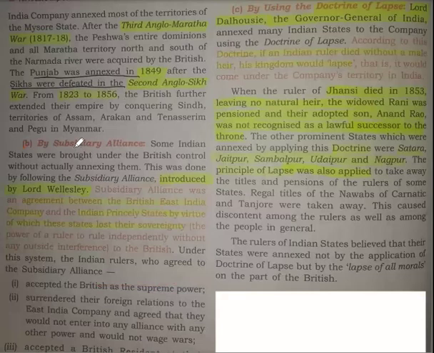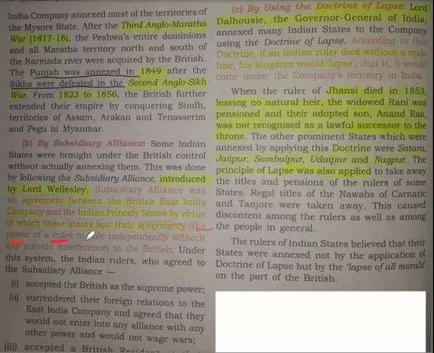So, what is this subsidiary alliance? It was first introduced by Lord Wellesley. Important. So, subsidiary alliance was an agreement between the British East India Company and Indian princely states by virtue of which these states lost their sovereignty.